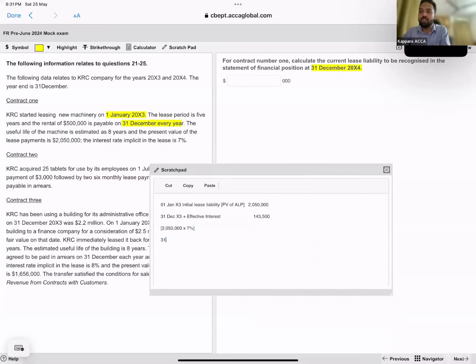Now on 31st December X3, at the end of the year, there will be less the annual lease payment. The annual lease payment is made at every year end, and that is 500,000.